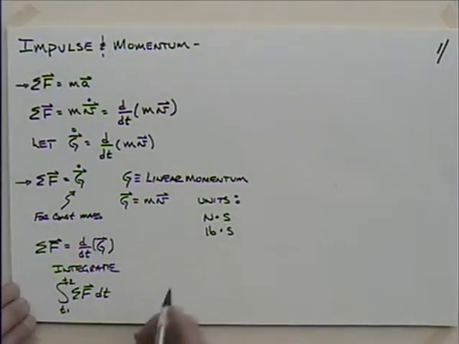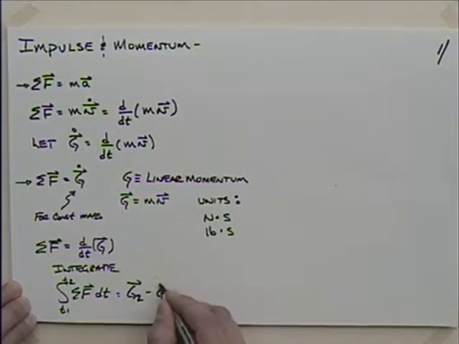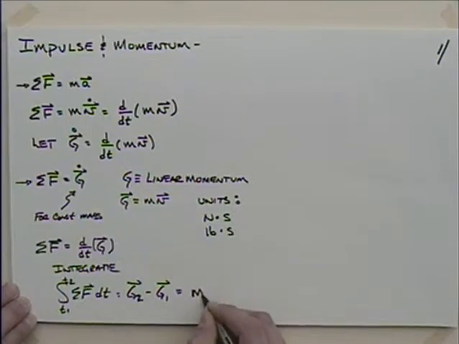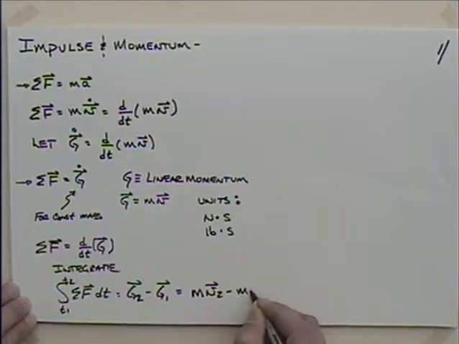That would be equal to G2, the linear momentum at state 2, minus the linear momentum at state 1. Or we could say that this is mv2 minus mv1.